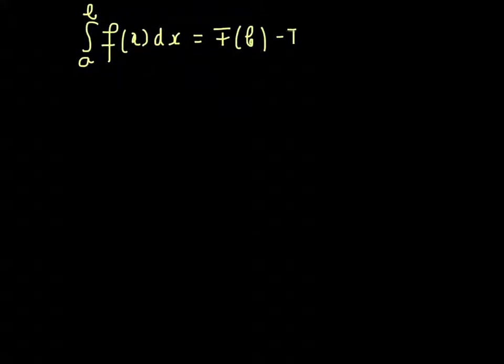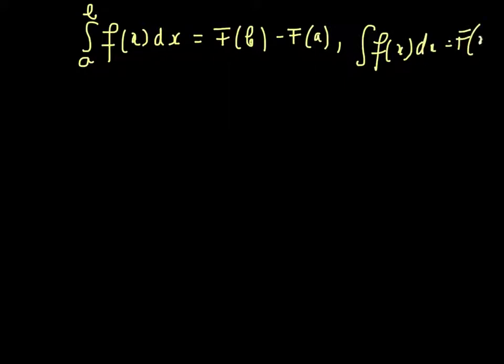It is useful to look at the properties of the definite integrals, and let us just denote integral from a to b of f of x dx as F of b minus F of a, right? Where integral f of x dx is F of x.